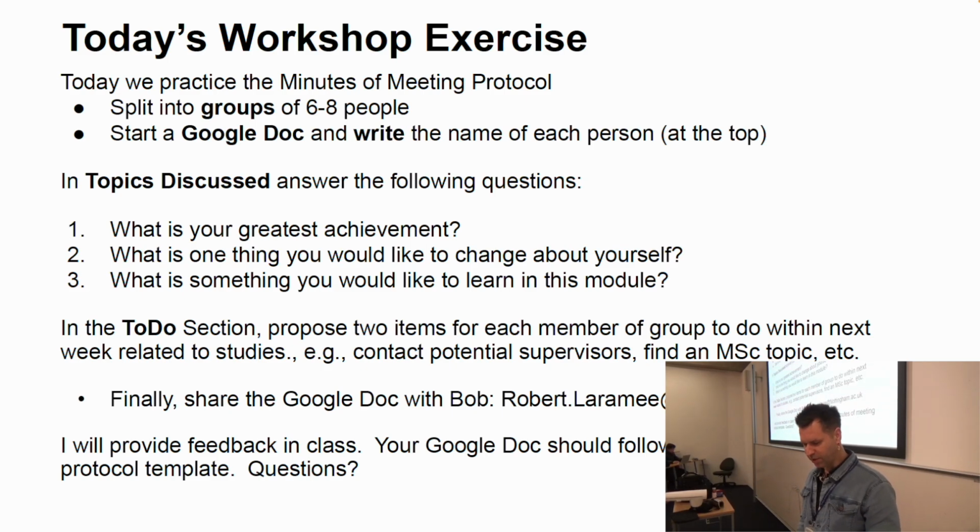And then in the to-do section, you're going to propose 2 items for each member of the group to do within the next week, related to your studies here. For example, start looking for a research paper to read, or maybe contact potential supervisors, or find a place to live, whatever it is you need to get done.